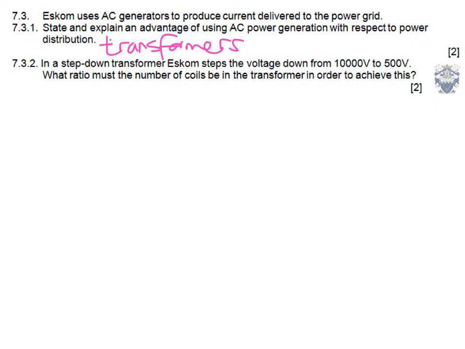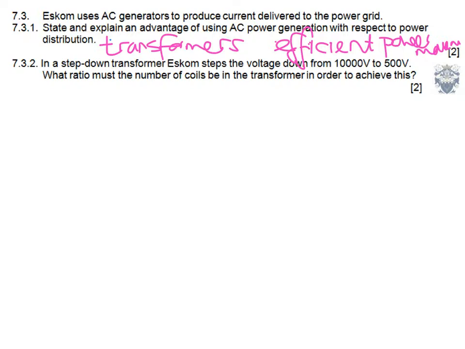It is the fact that we can step up and step down current and potential difference and allow for efficient power movement, because we can make the voltage very high and the current very low when it moves through wires over far distances.